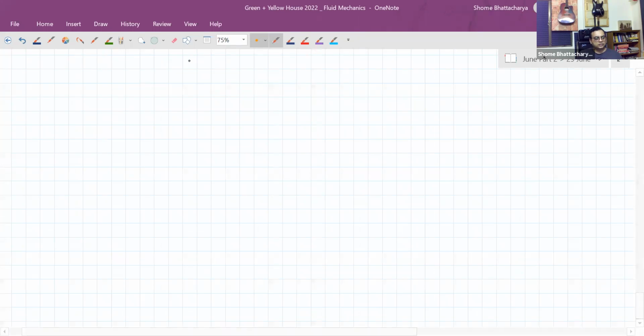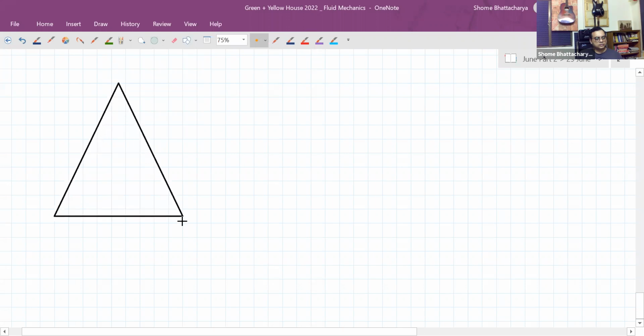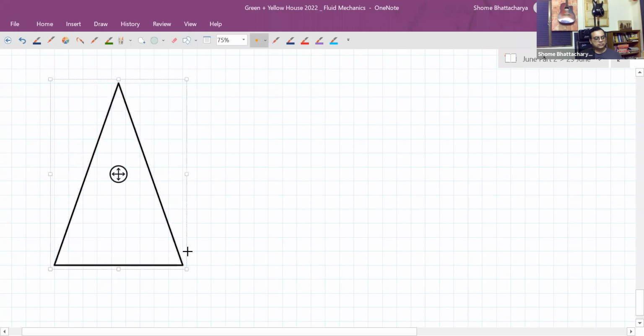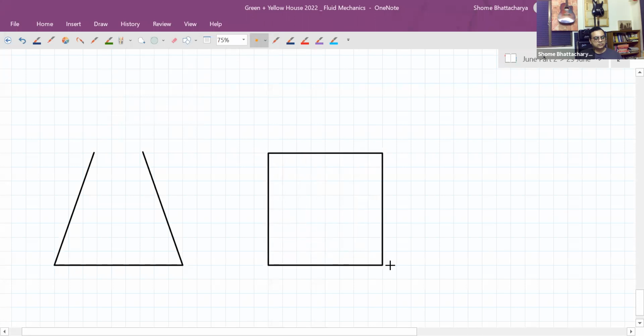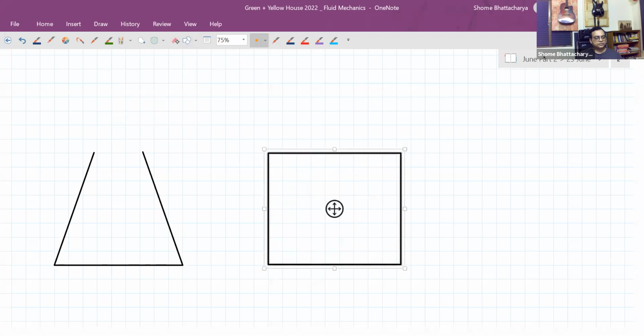Next, let's look at another interesting type of question. So we have two containers of this type. Now they have the same base area.